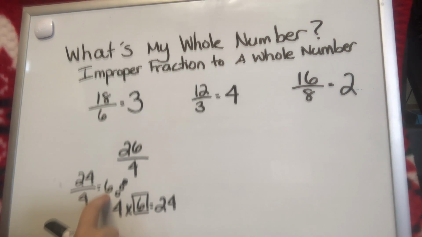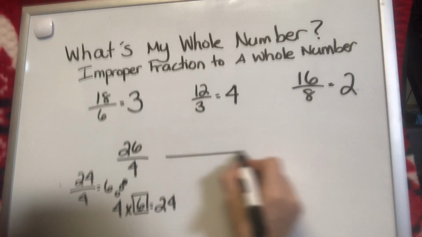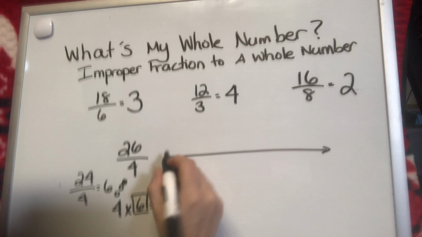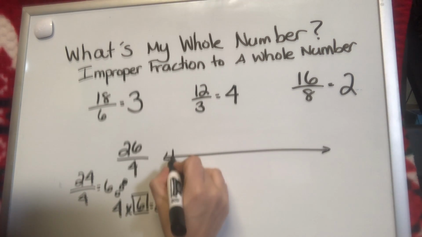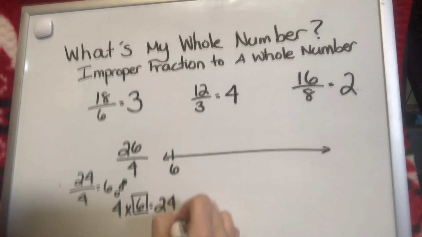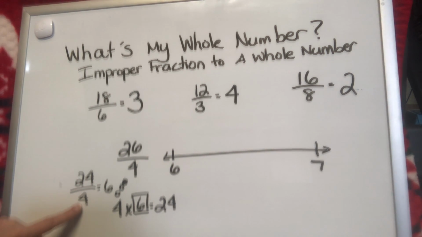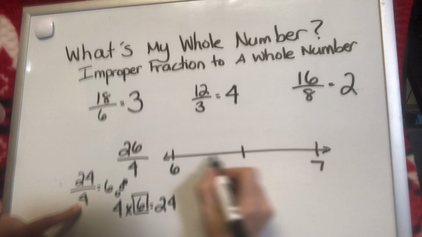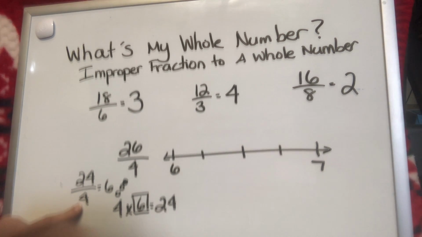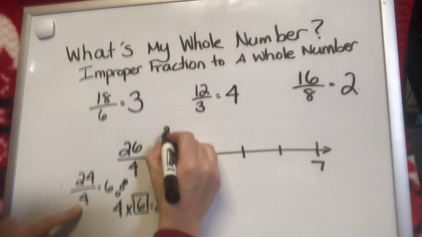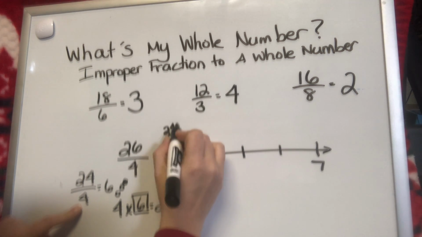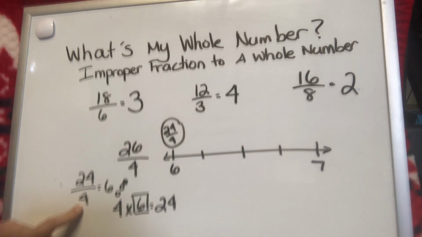So this tells me that, if I'm going to do a number line, I'm going to start at 6, and I'll stop at 7, right? And I'm going into fourths. And then I would say, okay, so this one right here, this would be 24 fourths, right? 24 fourths would be 6.